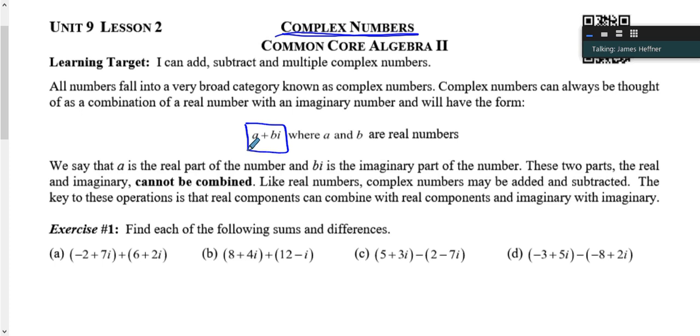Whatever numbers a and b are, they are real numbers, and i is the imaginary number. So we have a real part and an imaginary part, and that's what we call a complex number.